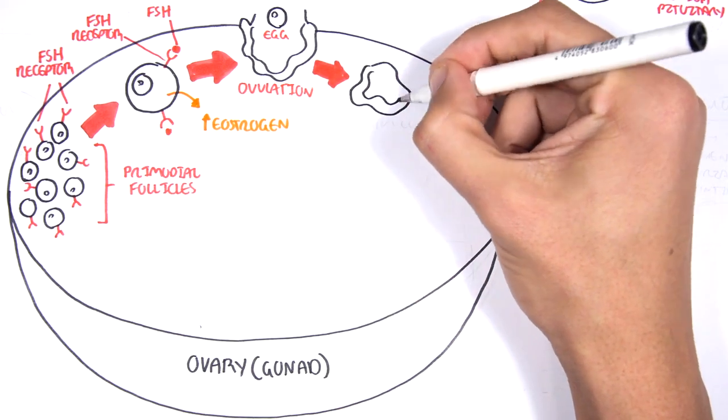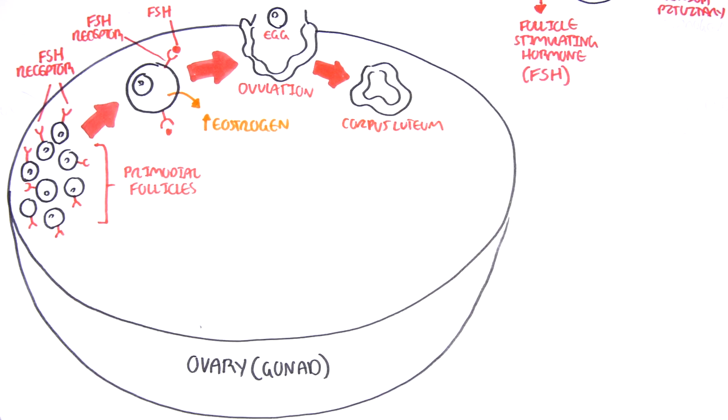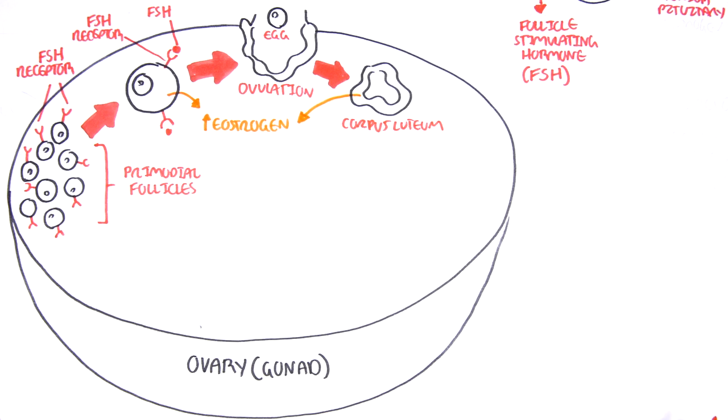The corpus luteum is essentially a dead follicle that will degenerate, but also as it degenerates, it will secrete estrogen. Okay, so that was a normal menstrual cycle in that this occurs each month. There's ovulation each month. There's a corpus luteum that degenerates each month.